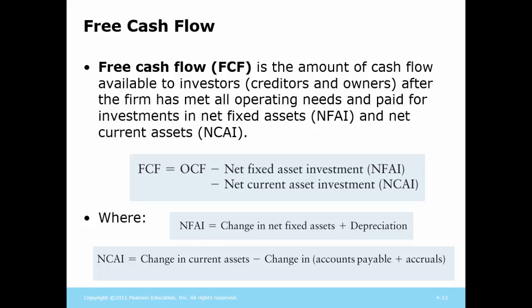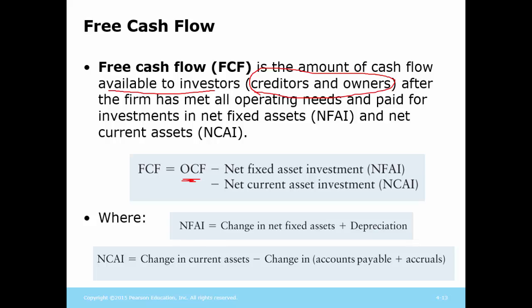Now, free cash flow, though, is really more of a number that's more closely followed by the investors of a company. It identifies the amount of cash that's available to investors. So who are the investors of the company? We have to include both creditors and owners. So free cash flow is that operating cash flow minus the investments of the company.